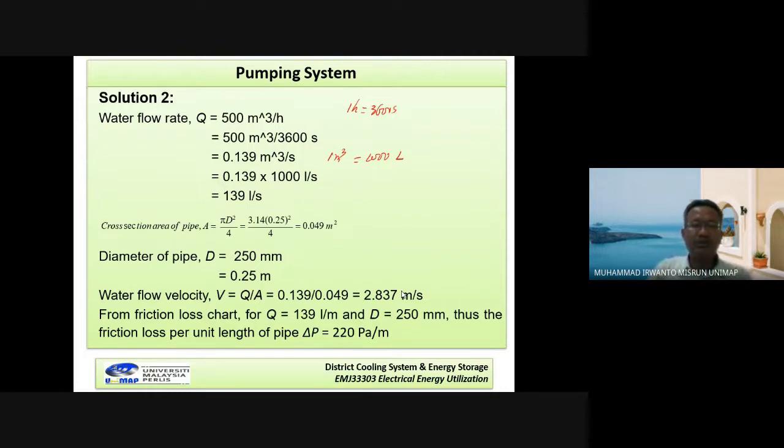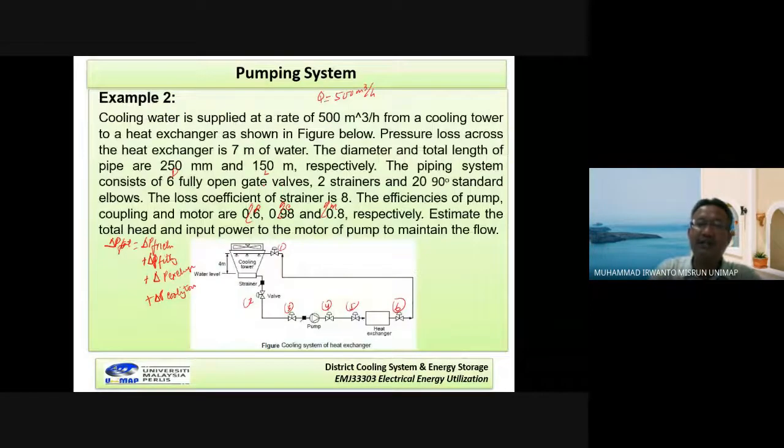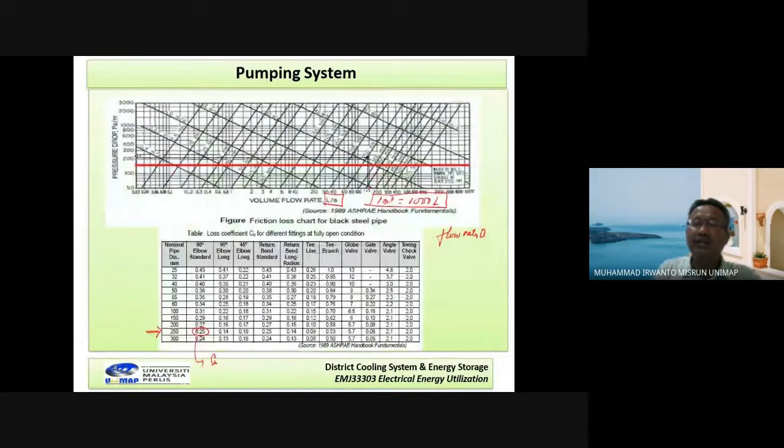Now we want to look for the friction loss for the pipe length of 150 meters. We obtain the flow rate here as 139 liter per second. Referring to the chart here, 139 is here. It is 139 liter per second.